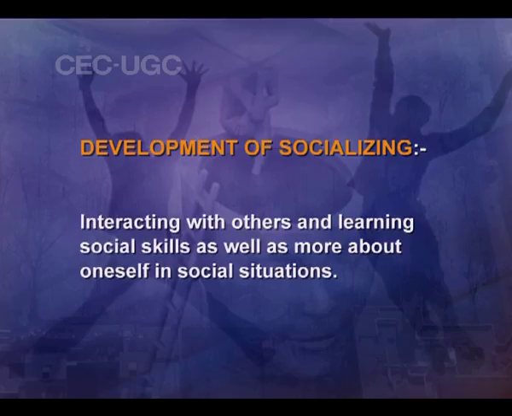Development of socializing techniques: interacting with others and learning social skills, as well as more about oneself in social situations. The group setting provides a safe and supportive environment for members to take risks by extending their repertoire of interpersonal behavior and improving their skills.